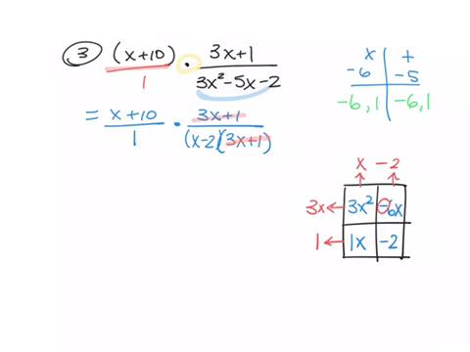Hopefully you see these 3x plus 1s that will cancel out, but there's nothing else that will cancel here. So when we write our answer, in the numerator on top, the only thing there is x plus 10. And then in the denominator, we have 1 times x minus 2. Remember, when you multiply something by 1, it just stays the same. So that denominator is going to stay x minus 2. So this is your solution.